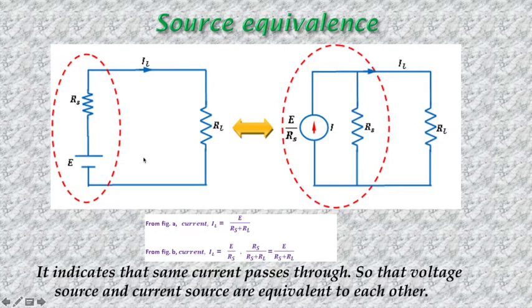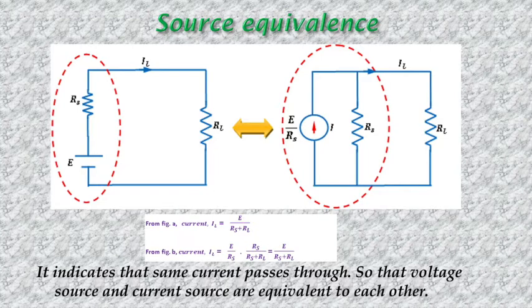From figure A, current IL equal to E by the total resistance RS plus RL. From figure B, current IL equal to the total current E by RS into RS divided by RS plus RL. Then we get E divided by RS plus RL.